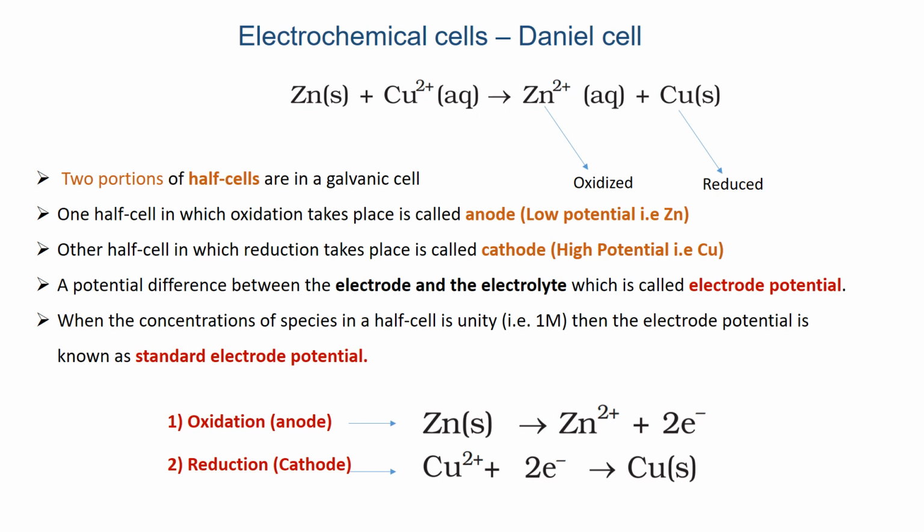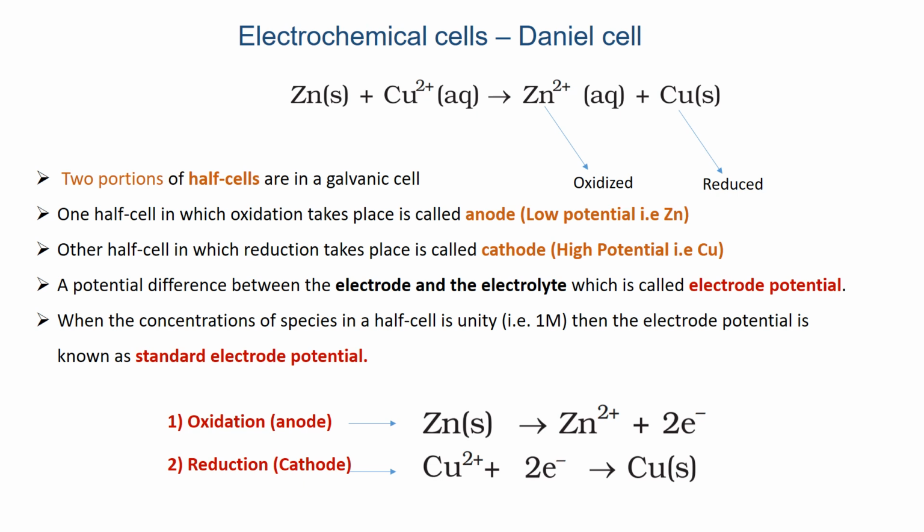It's called electrode potential. The electrode is a solid metal, okay, and the electrolyte is an ion of that electrode. Say for example, zinc is the electrode, the anode, whereas the zinc ion is the electrolyte. The potential difference between the zinc and zinc ion is called electrode potential.